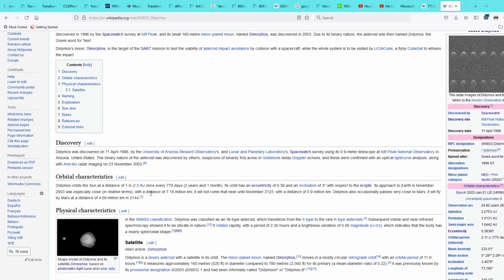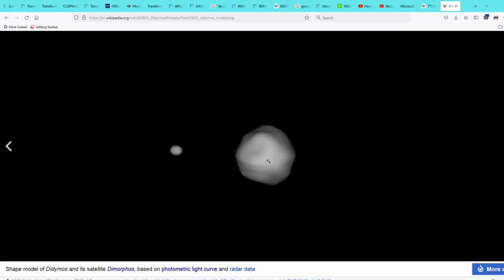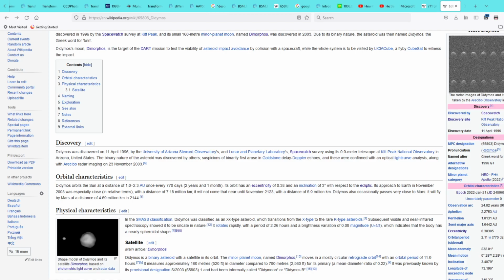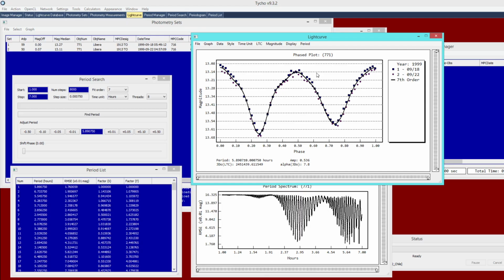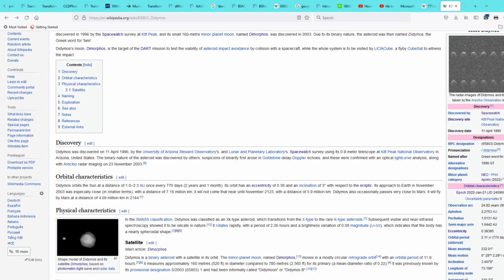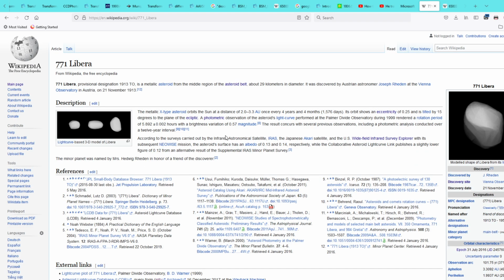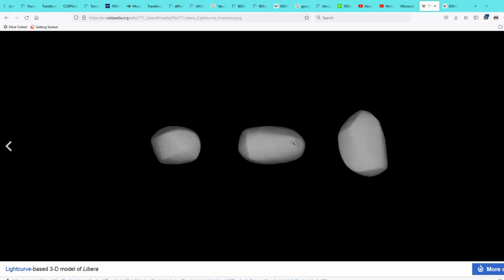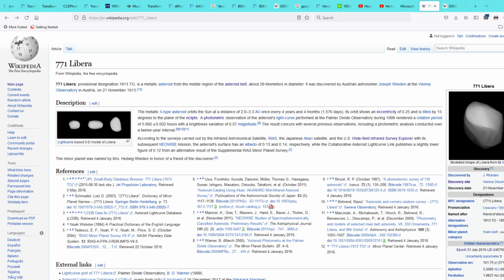And indeed, this does typically indicate a rather spherical object. In contrast, another asteroid, 771 Libera, has an amplitude of around 0.53, and as you can see here, it is not as spherical, it is more elongated, and so it does have that higher amplitude. In other words, the magnitude has a larger variation.